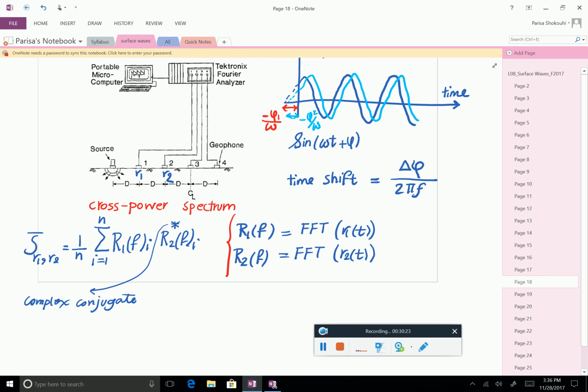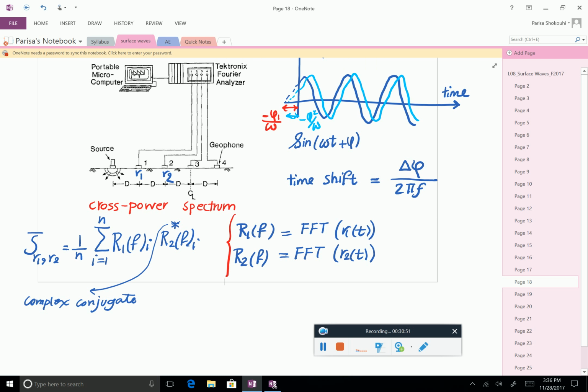When you conjugate it, the exponent becomes negative. So when you look at the phase, it would be the phase of the first one minus the phase of the second one. So the phase of the cross power spectrum is the difference of the phase. It's just an elegant way to calculate this delta phi as a function of frequency.